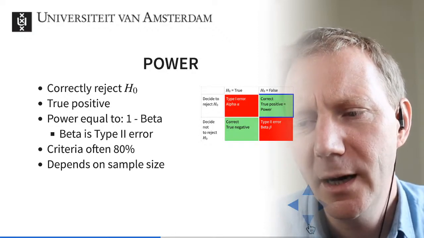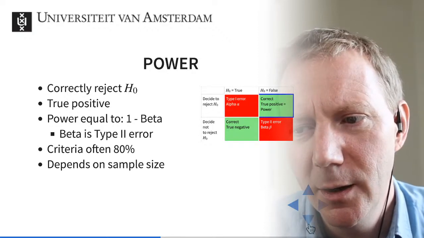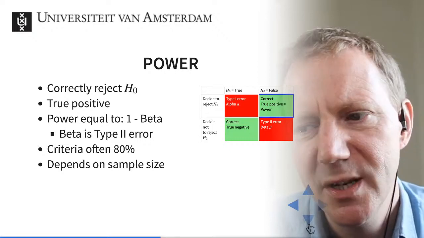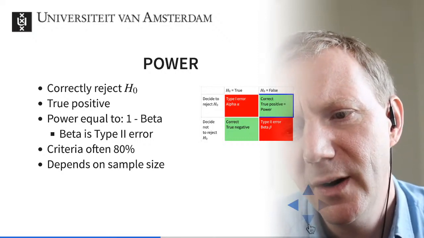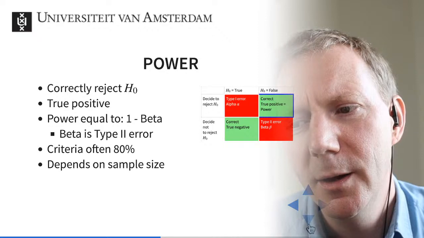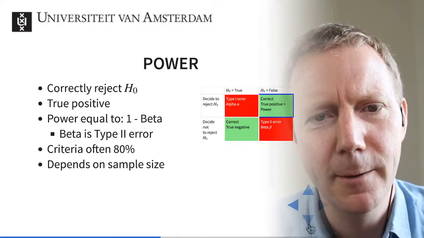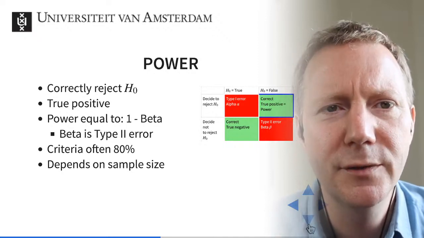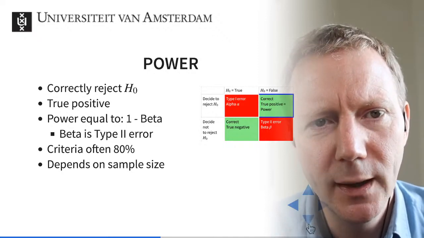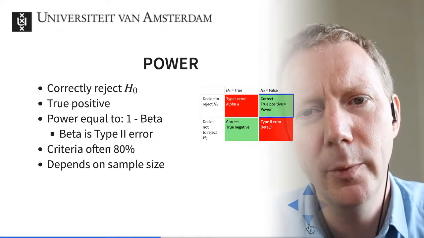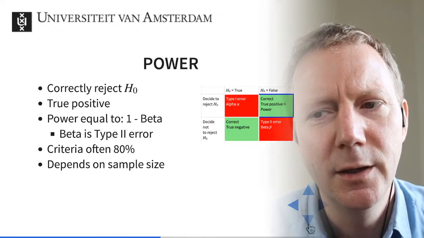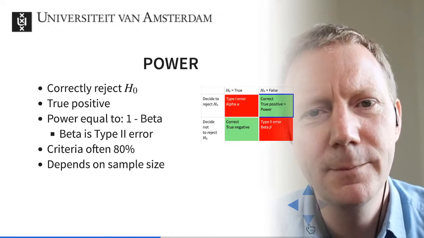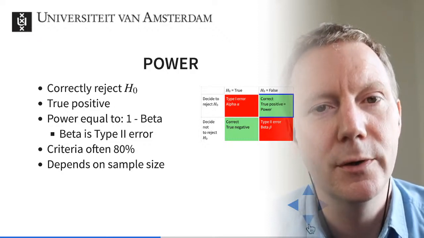So the power of a test is of course a true positive, and it's also defined in terms of 1 minus beta. And the 1 minus you will come across very often, and it's always related to the fact that if you have a probability distribution, the total probability of everything is always 100.